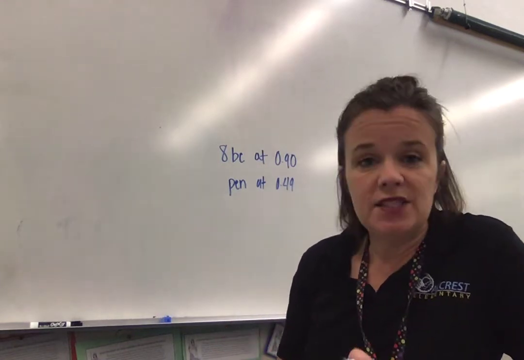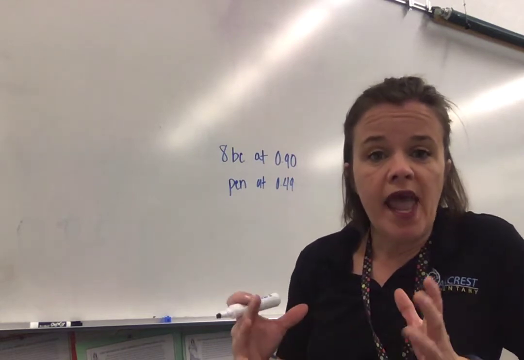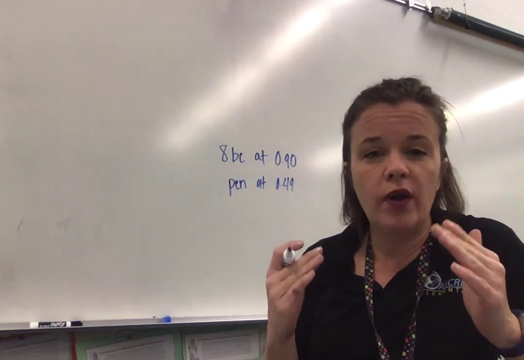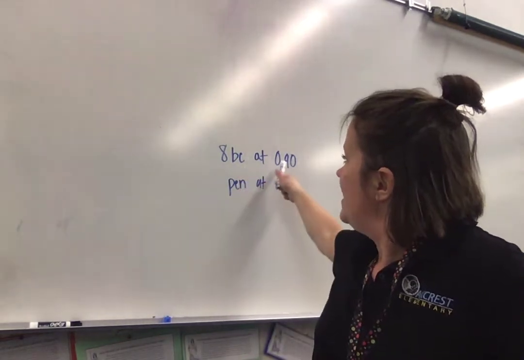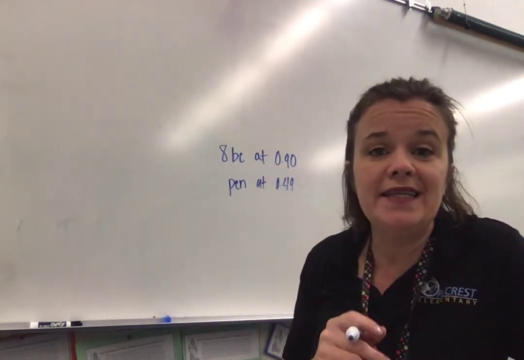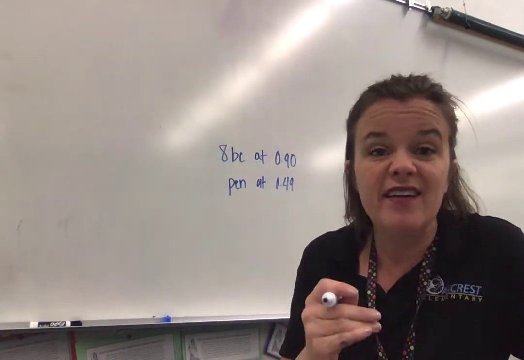So this is what I'm going to do. I'm going to write my equation, and I'm going to make sure that I think about what needs to be done first. Well, I know that he didn't just pay 90 cents for a book cover. He paid 90 cents for each book cover, and he bought 8 of them.